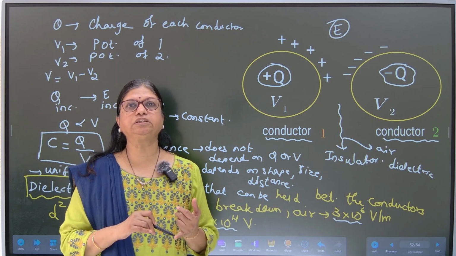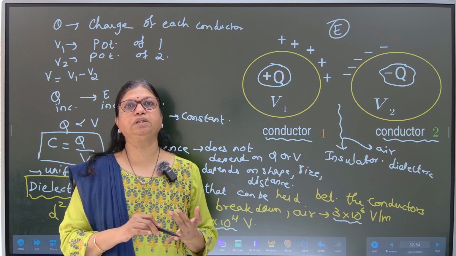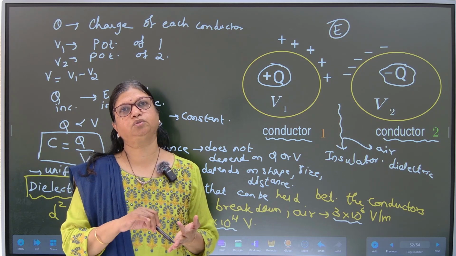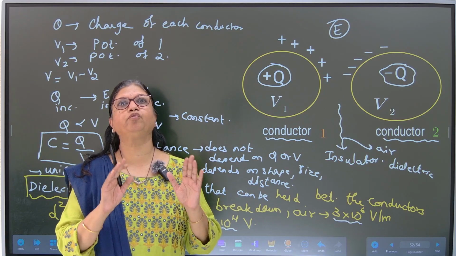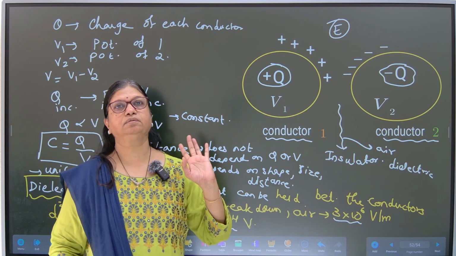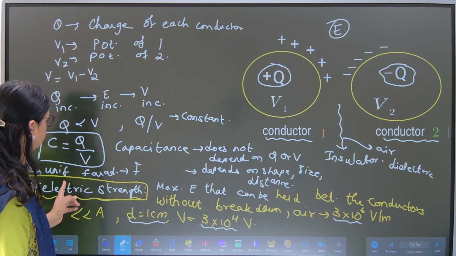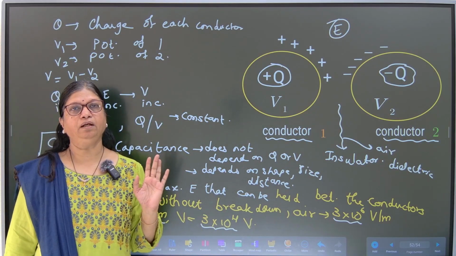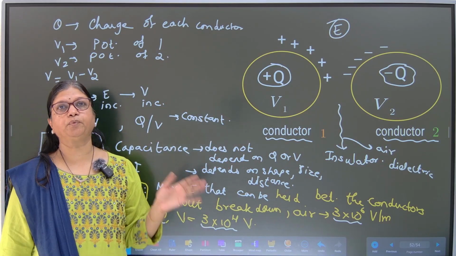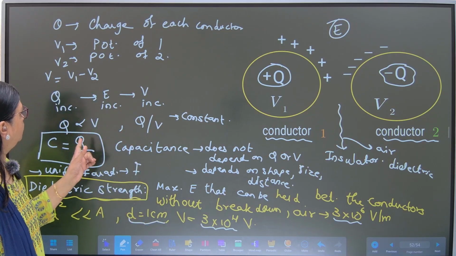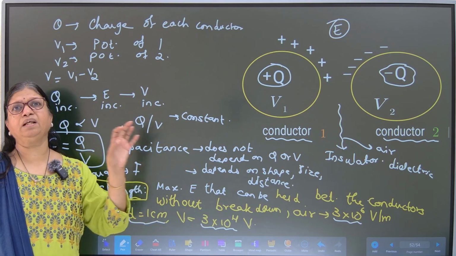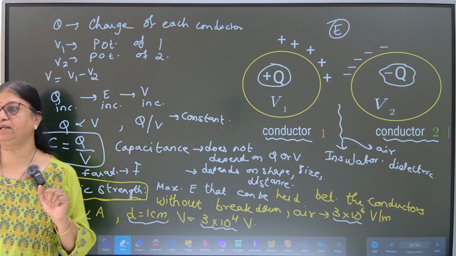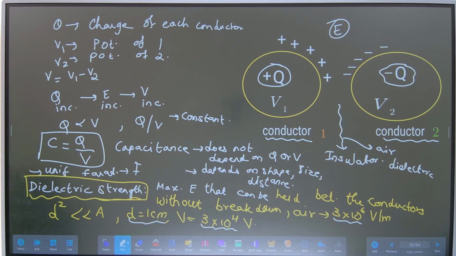Because how much the charge, that much the electric field, and that much the potential difference. How much electric field can be held for air is called the dielectric strength. These are the points and formulas you have to remember as a basic for the capacitance of a capacitor. Take a pic and note down the values.